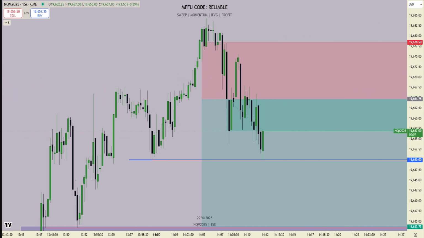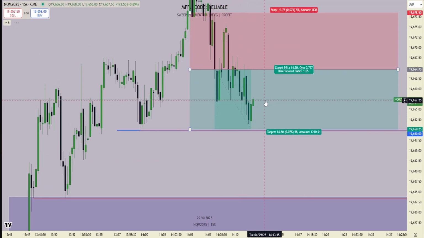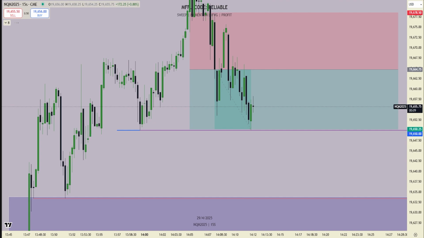Made equal lows at that low there. So once those get broken, I'd probably go to break even on any short that you're in. And then, is this 1-to-1 away? Okay, so it is 1-to-1 away, so you could scale some there if you wanted to.